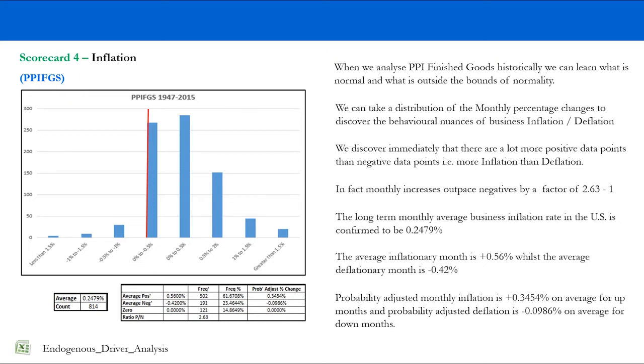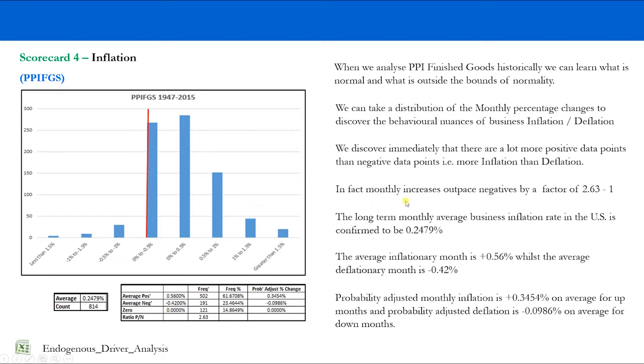We do that by taking a distribution of the monthly percentage changes to discover the behavioral nuances of business inflation or deflation, as the case may be. And again, we discover immediately that there's a lot more positive data points than negative data points. So a lot more inflation than deflation. But we do have negative data points here.